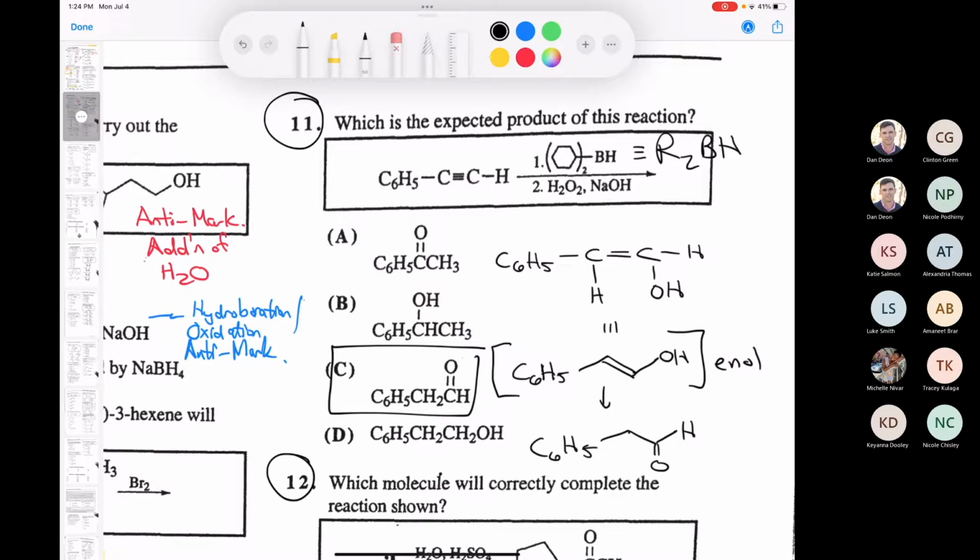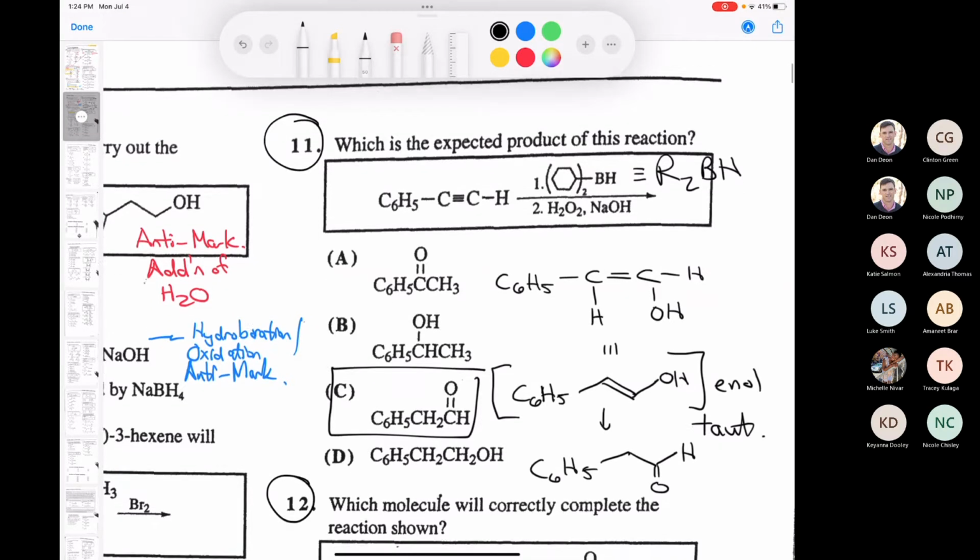So remember, the enol undergoes tautomerization to give you an aldehyde. This is chemistry that comes from chapter 9, the alkynes chapter, just the anti-Markovnikov addition of water across the triple bond.